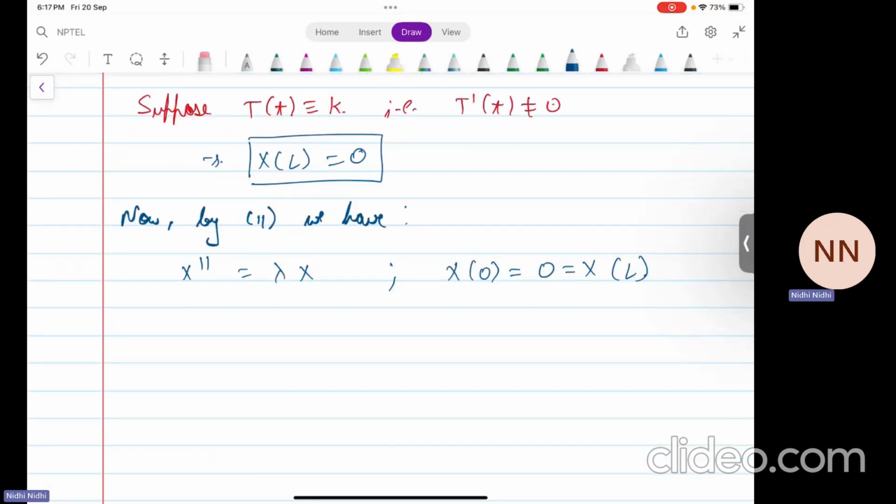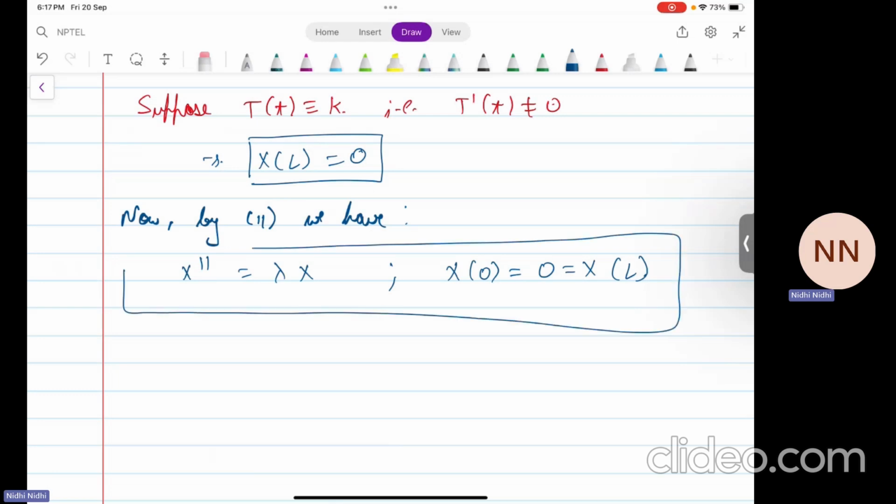So this is a Sturm-Liouville problem. If you remember, we have solved a lot of such problems, and we all know how to solve it. We will take different possibilities of lambda, and then we'll get a sequence of eigenvalues lambda n, and for that we'll get a sequence of eigenfunctions Xn, that will give us the non-trivial solution. So let's do that again.